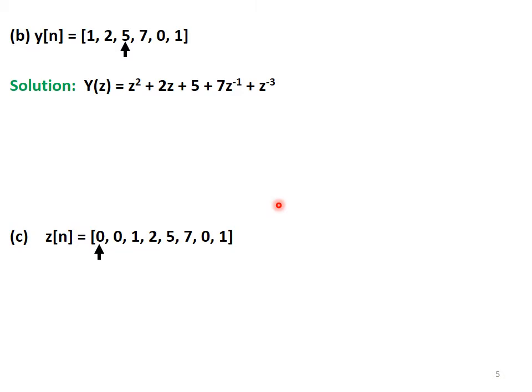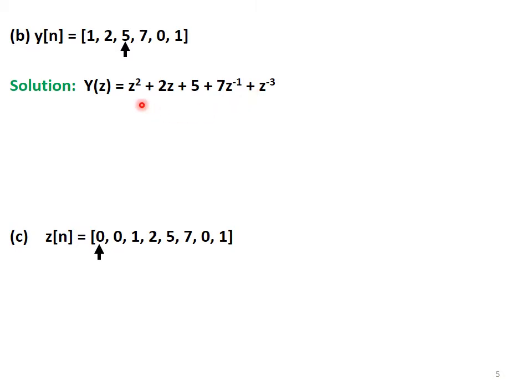Now in this sequence you can determine the region of convergence again by substituting the value of z. For example, starting from the extreme values 0 and infinity, right? So when we put z equal to 0, you get 0 here, 0 here, 5 here, and infinity here, and infinity here. So for z equal to 0, the sequence is infinite.